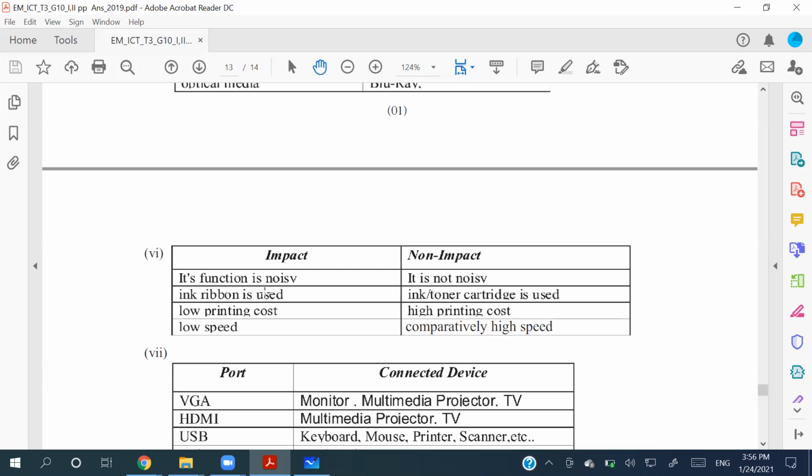Ink ribbon is used, low printing cost, low speed. And non-impact, it is not noisy, comparatively to the impact, right? Ink or toner cartridges are used, high printing cost, comparatively high speed, right? So any two of these comparison reasons, you can have 2 marks. If you have written 1, just 1 mark will be there.